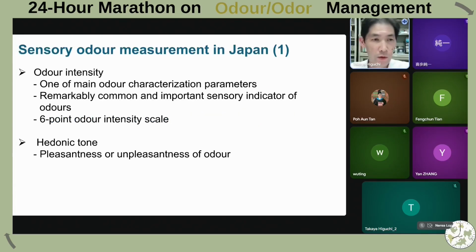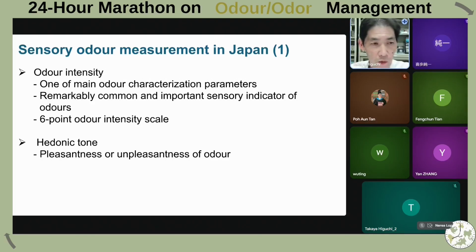As you know, there are many odor measurement methods. In terms of sensory odor measurement, odor intensity is one of the main odor characterization parameters, and it is a remarkably common and important sensory indicator of odors.